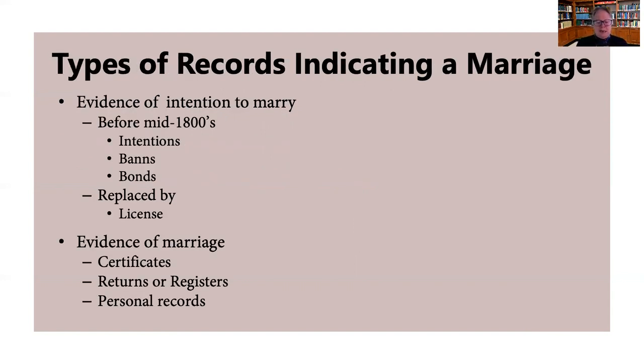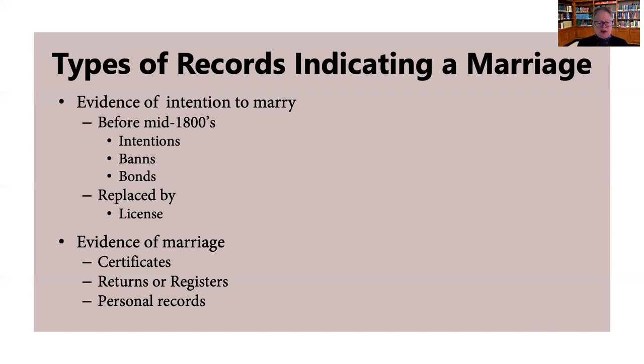Now, there are several types of different records that indicate a marriage. Before the mid-1800s, typical records that indicated a planned marriage included the intention, the banns, and more common in the South, bonds.